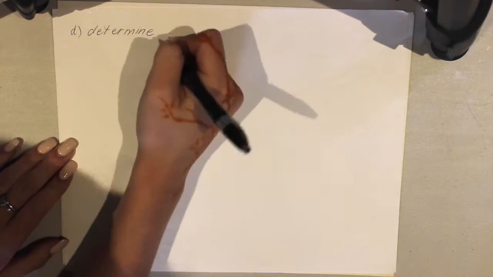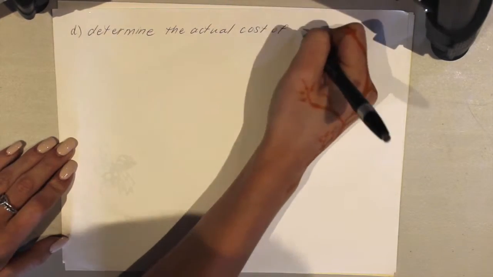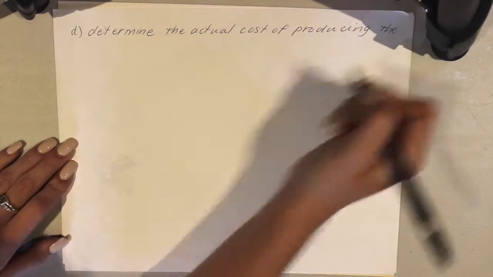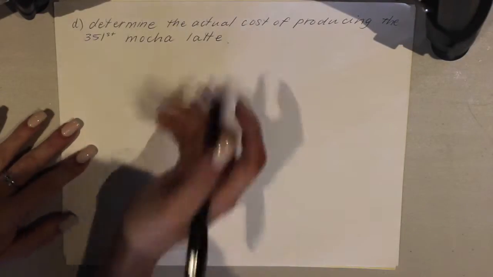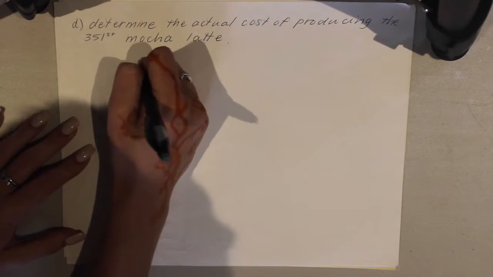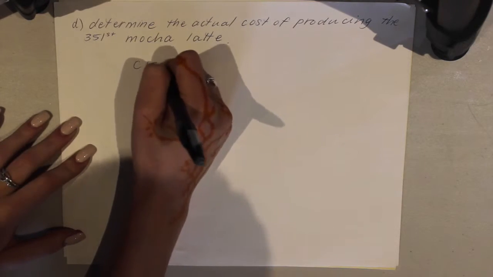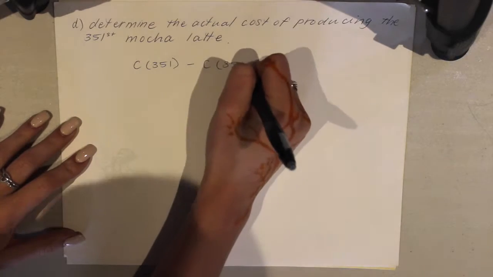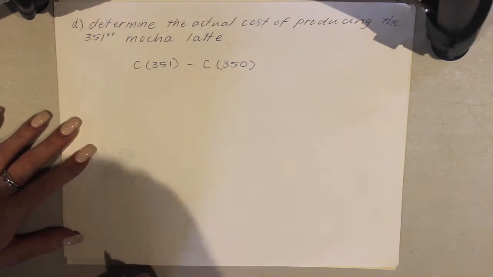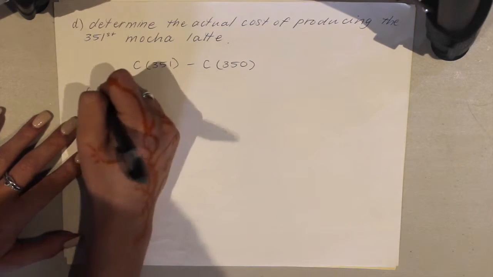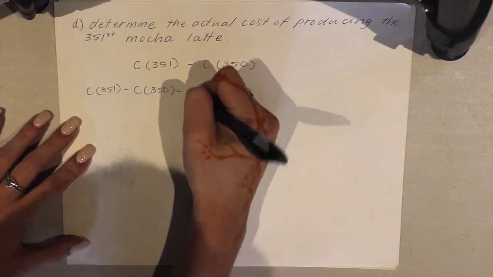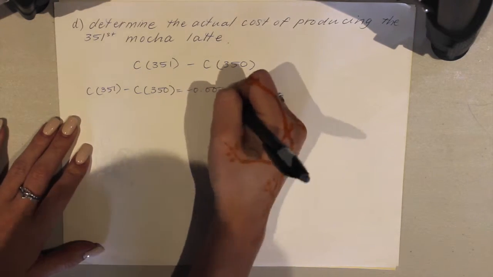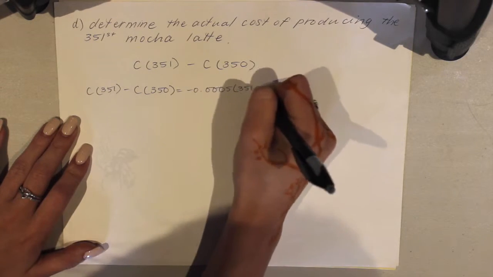Part D branches off from some of the answers and methods used in Part C and asks us to find the actual cost of the 351st mocha latte. So the cost of producing the 351st mocha latte is actually just your C of 351 minus your C of 350. So just your cost function of 351 minus the cost function of 350.